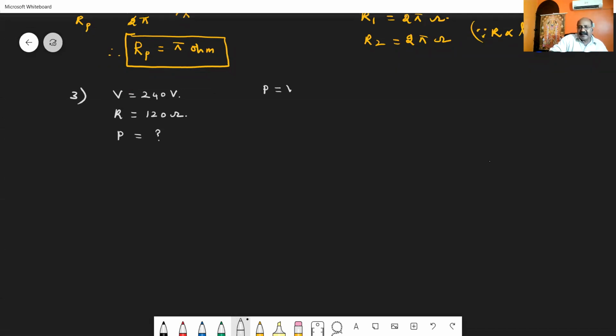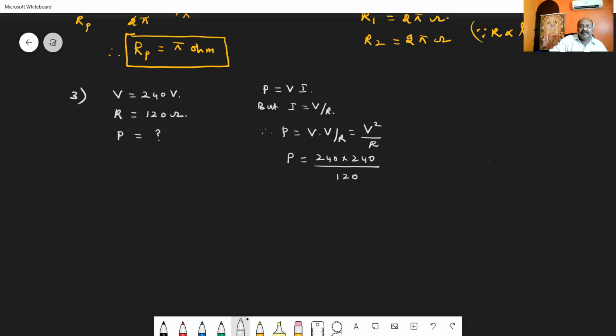As we know, in general, power is equal to V into I, the product of voltage and current. But here no current is given, the voltage alone is given. But we know that current I is equal to V divided by R. Therefore, writing power in terms of voltage, power P is equal to V into V divided by R, or V square divided by R. So power P is equal to 240 into 240 whole divided by R. What is the value of R?